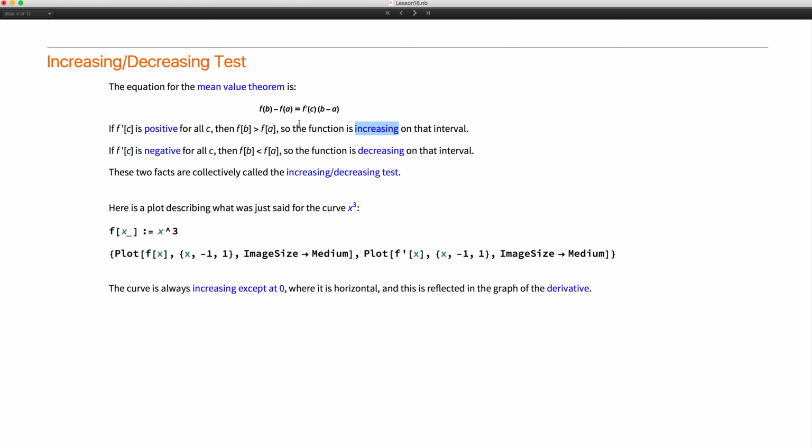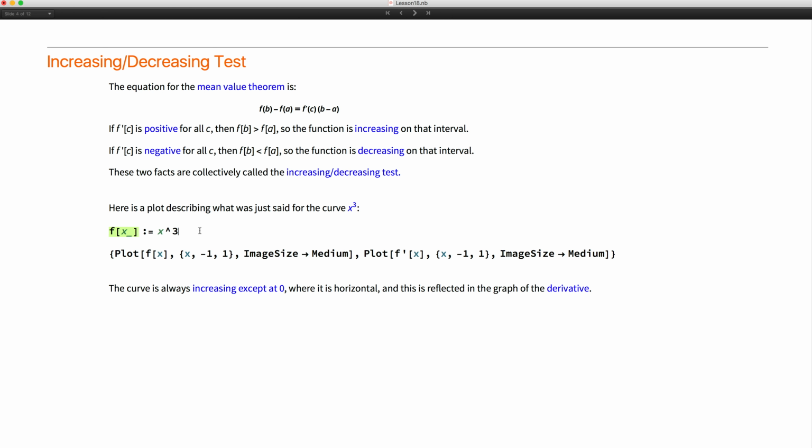So using the mean value theorem, you can show that if the derivative is positive, then the function is increasing. And in just the same way, if the derivative is negative, then the function is decreasing on that interval. These two facts together are called the increasing decreasing test.